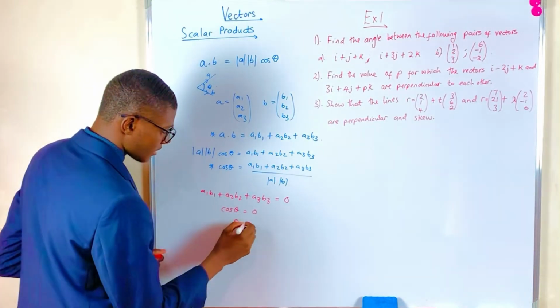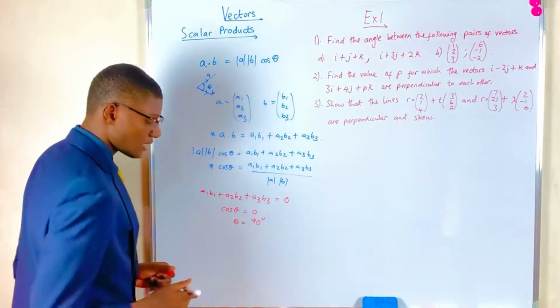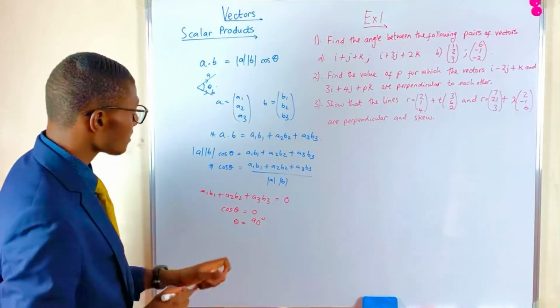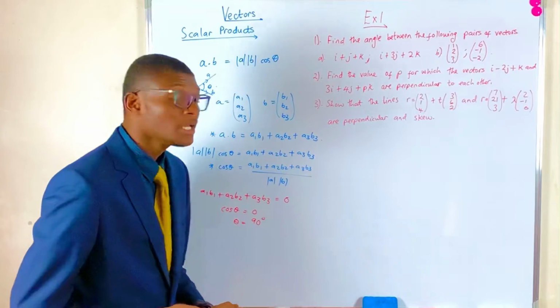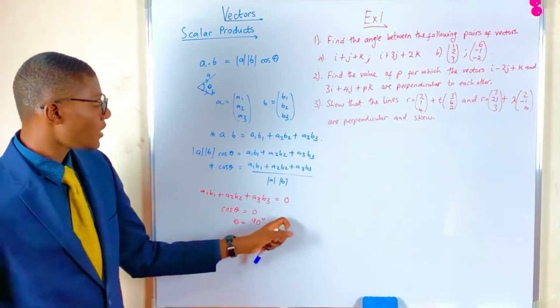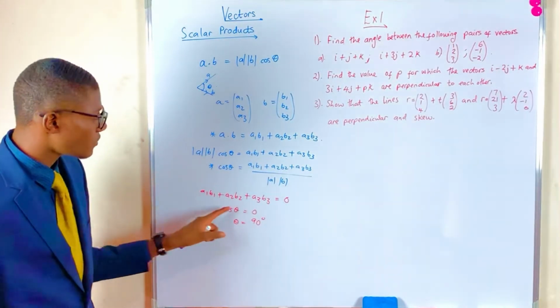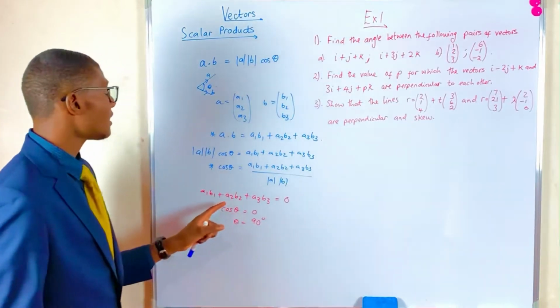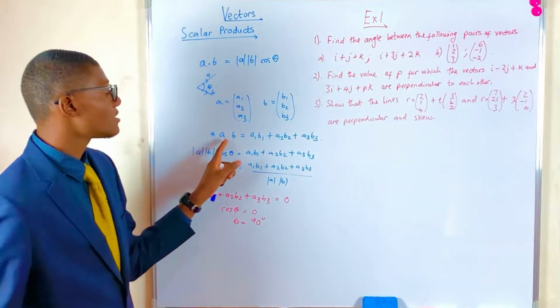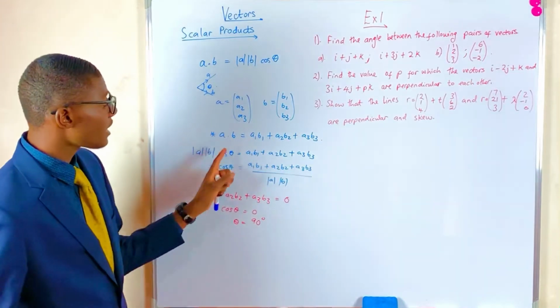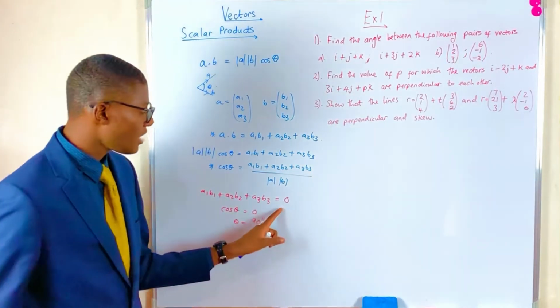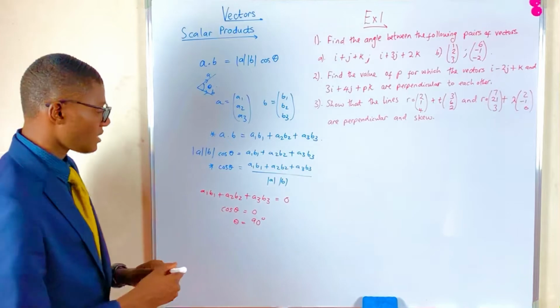Then theta would be equal to 90 degrees. So this is a very important statement. This implies that when the scalar product is equal to 0, vector A is perpendicular to vector B.